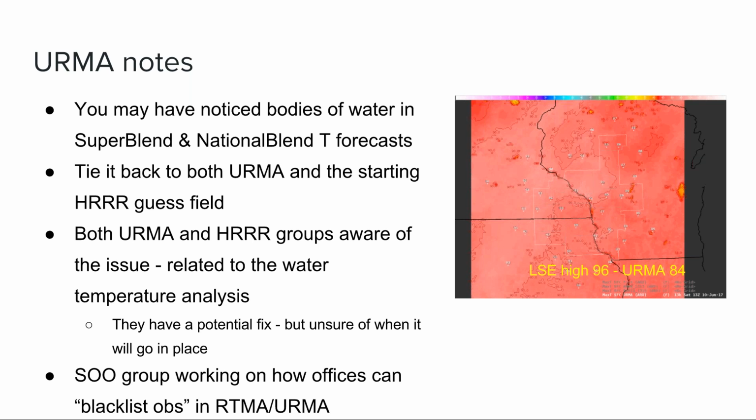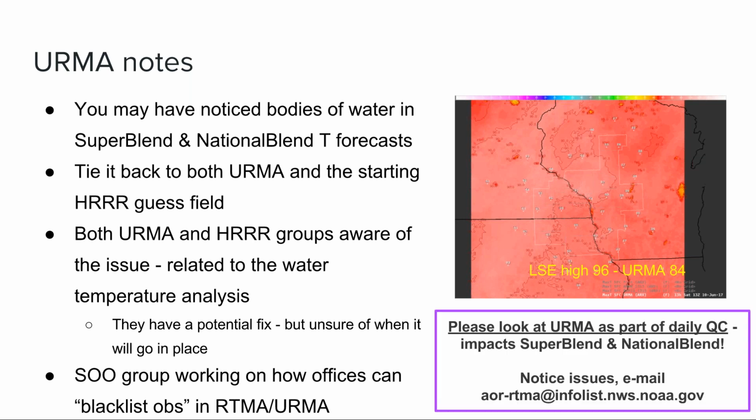For this specific case, the La Crosse high was 96, the RTMA was 84, and honestly, throughout the summer, we've had this bias correction to knock down the La Crosse temperature. And different levels, of course, depending upon the day. But I just wanted to bring that up.